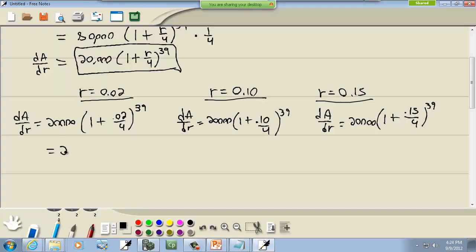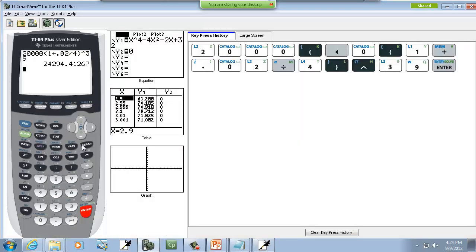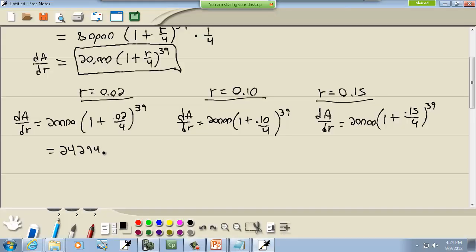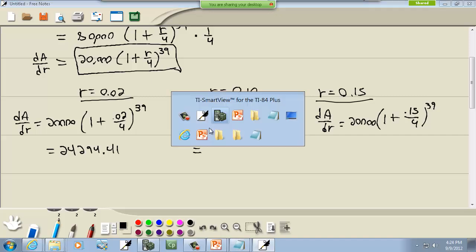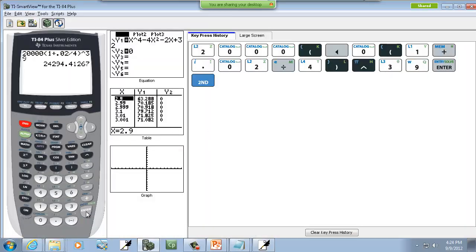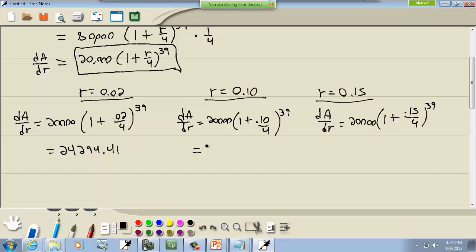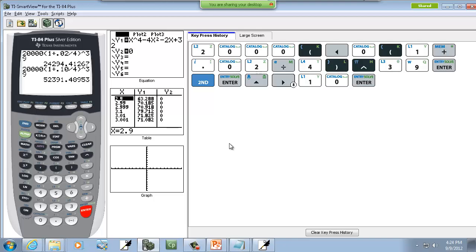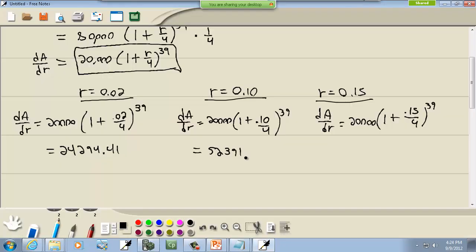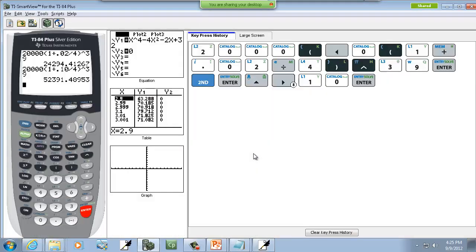So our rate of change would be 24,294.41. Now if I plug in 0.10, I can do a second enter to bring up the previous entry. I can do an up arrow and right arrow and put it in the appropriate place. And this is 0.10. Enter. And we get 52,391.49.